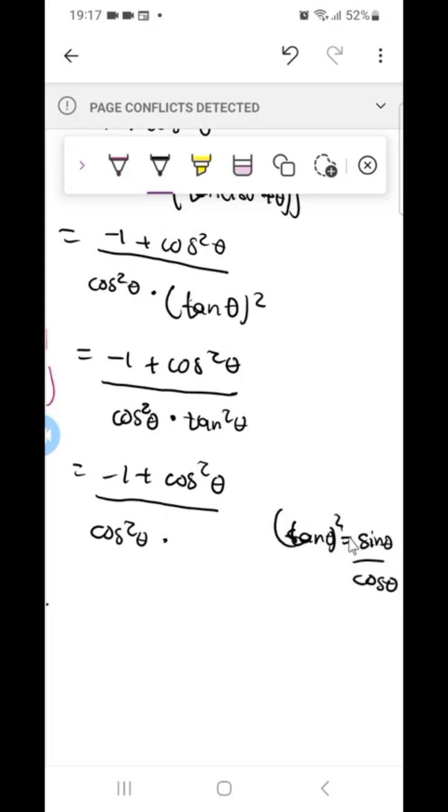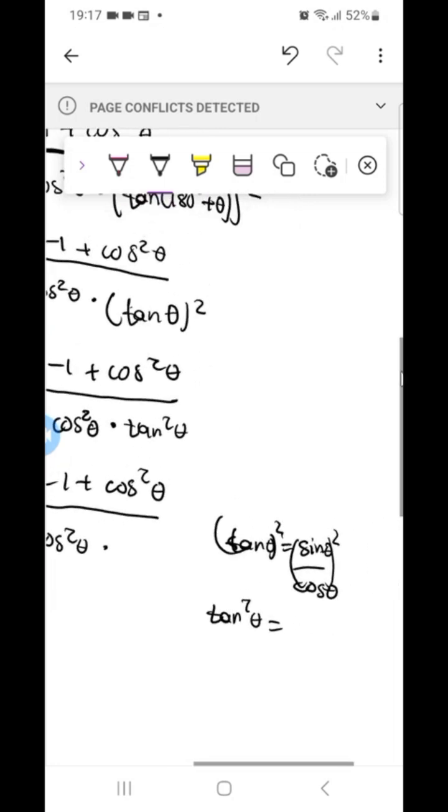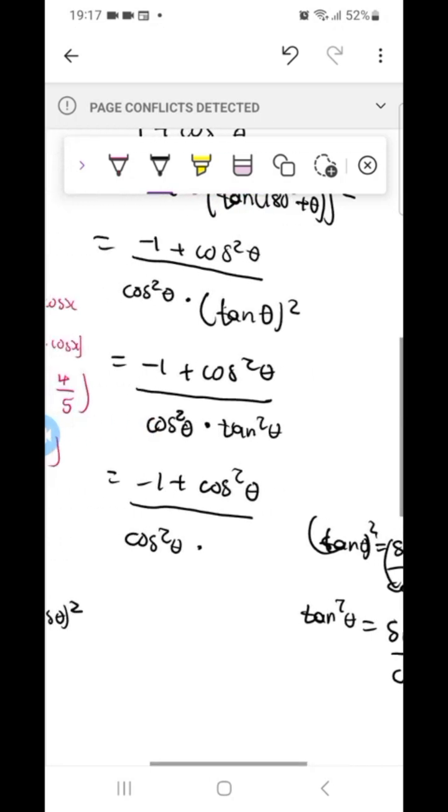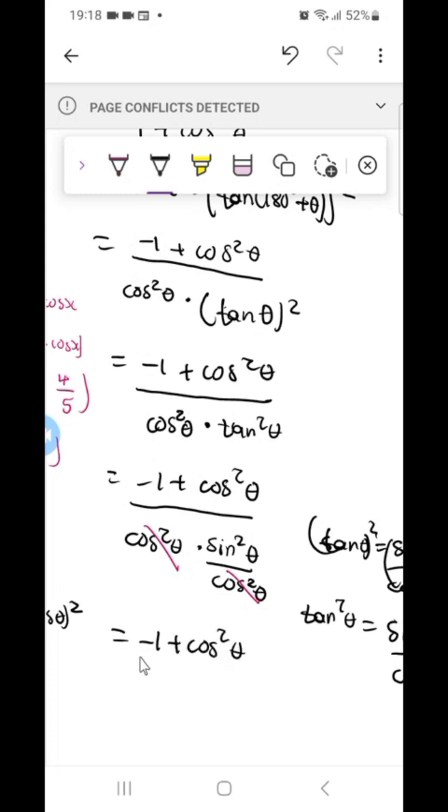If you square both sides, you'll have a nice identity, which says tan squared of theta is equal to sine squared of theta over cos squared of theta. So if you substitute that in there, you're going to have sine squared theta over cos squared theta. So in your denominator, your cos squares will cancel, and after they have cancelled, you're going to have negative 1 plus cos squared theta over sine squared theta.